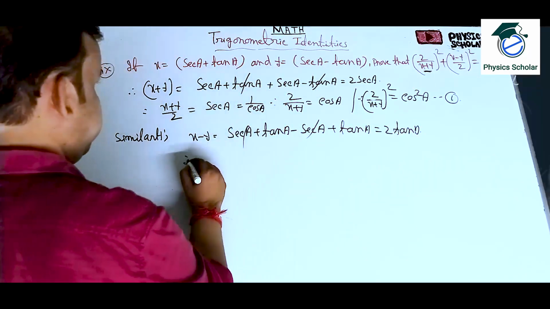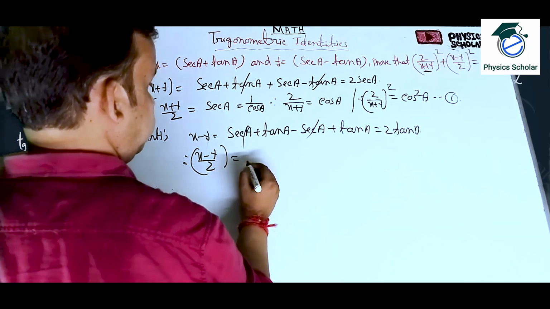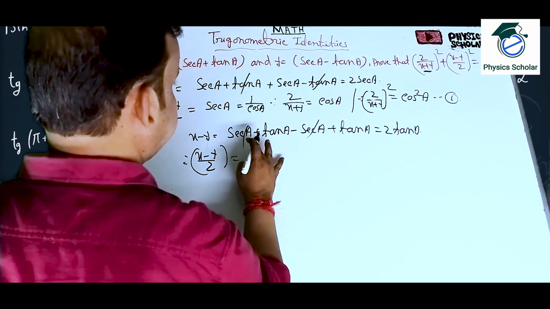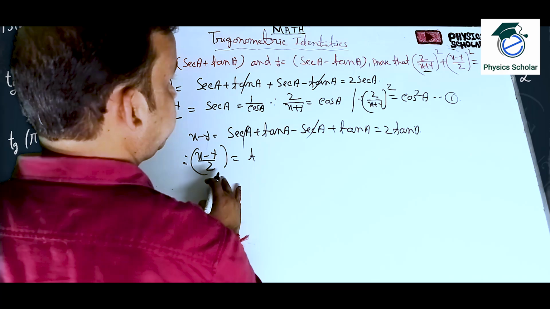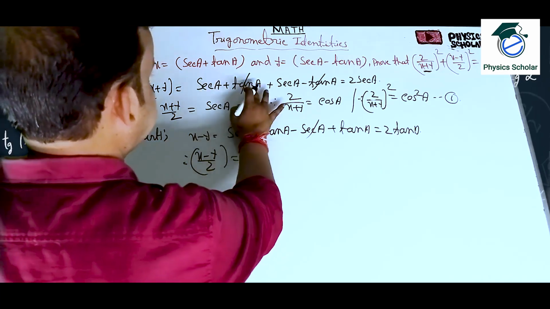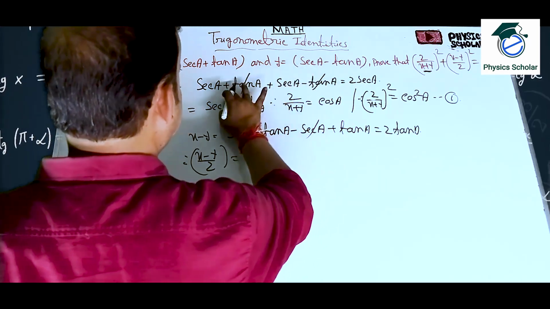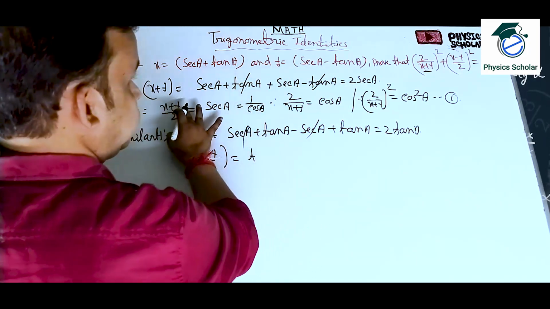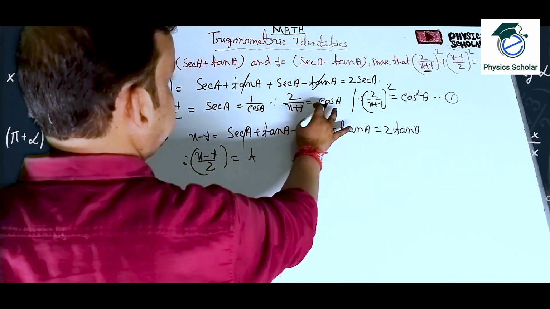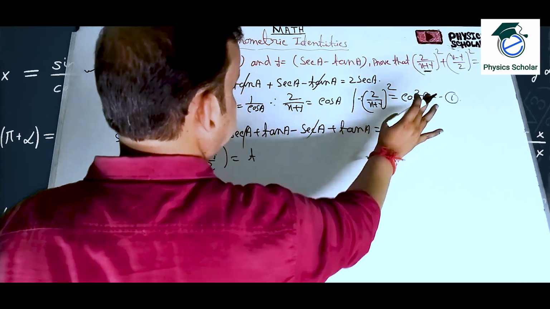So, what you can write? x minus y by 2 is equal to tan a. Therefore, 2 by x plus y whole square is equal to cos square a.